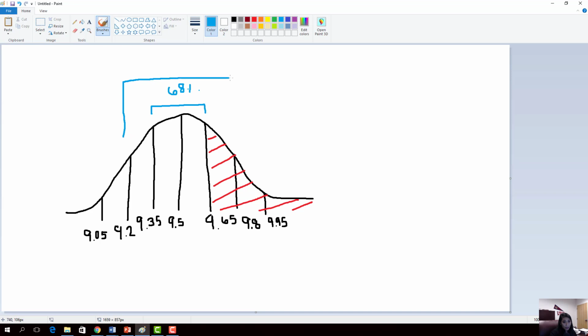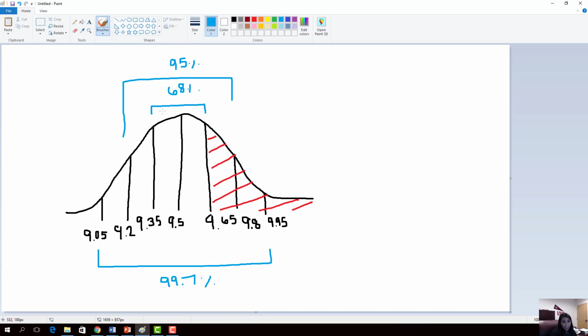Within 2 standard deviations of the mean, we have 95%. And within 3 standard deviations of the mean, we have 99.7%.